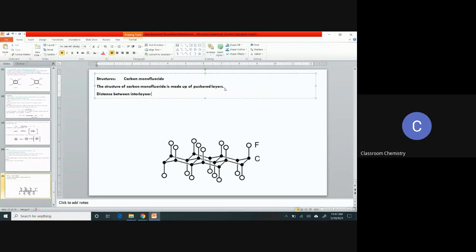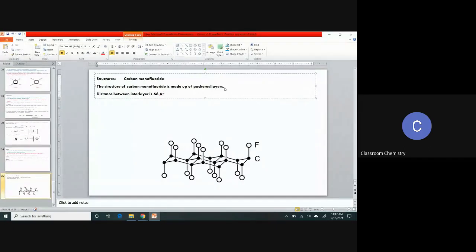The interlayer distance is about 6.6 angstrom.